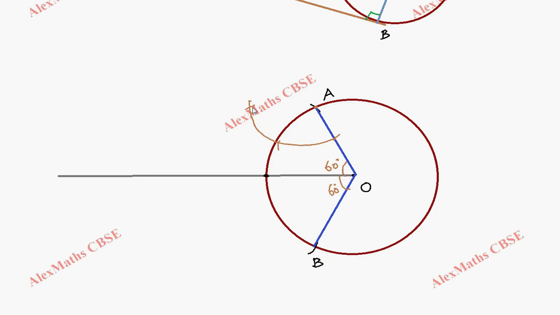Then keeping the compass at these two points we cut an arc like this. Now we have to join this point A to this and let's extend this.